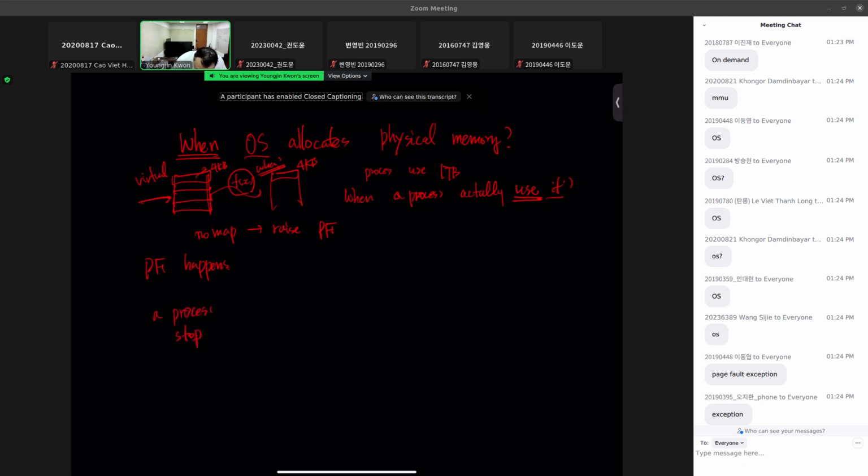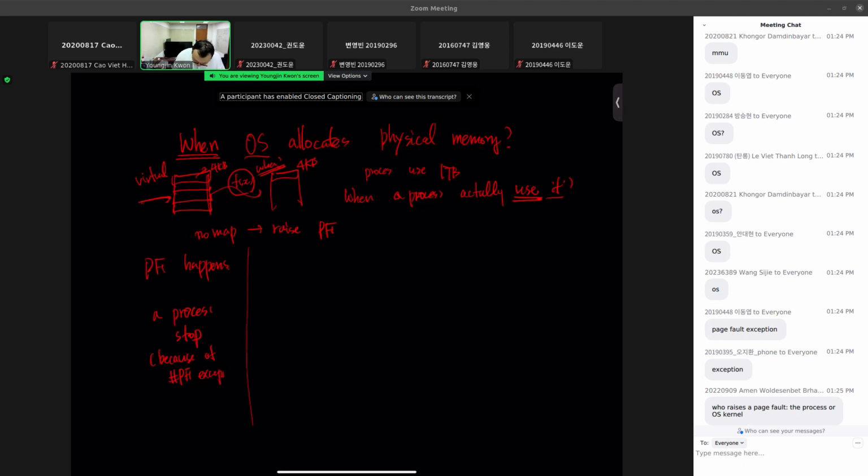So when a page fault happens, the process completely stops because of the page fault exception. This is user, this is kernel. Then the kernel takes control. Who? The page fault handler.